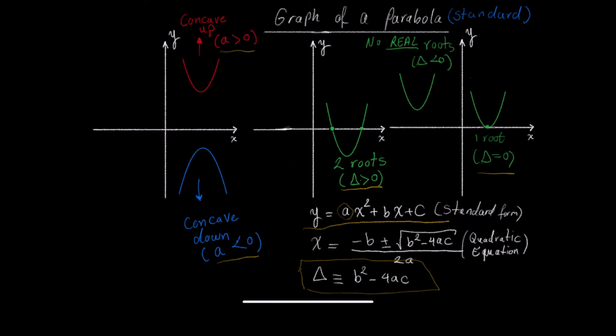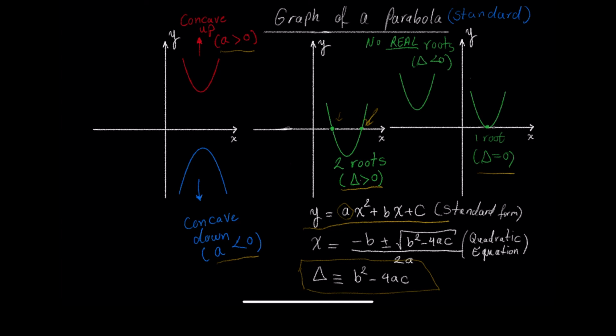And in the quadratic equation, we have delta, which is defined as what's under the square root here, b squared minus 4ac. If delta is positive, we get two distinct real roots. So that will be the case here and here in the middle graph.